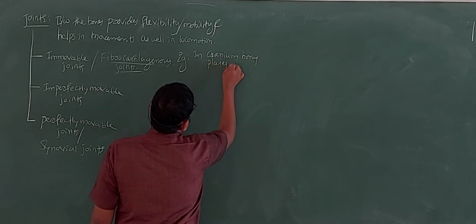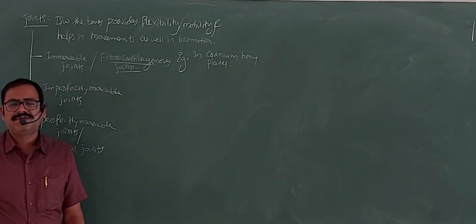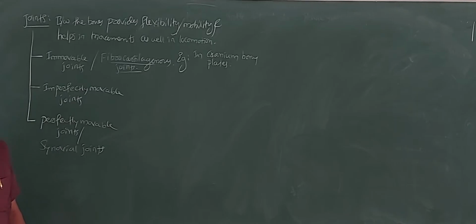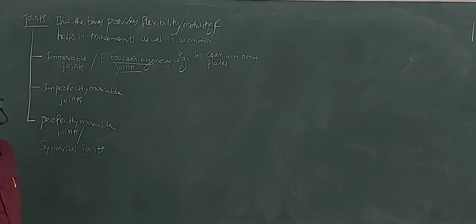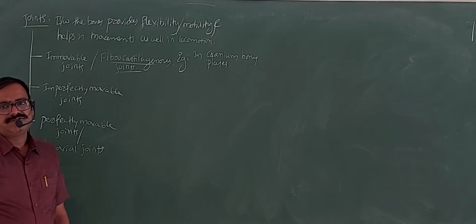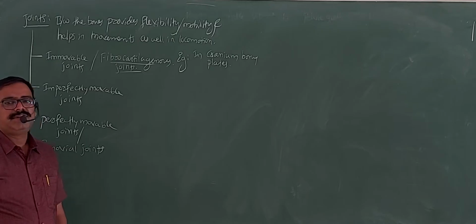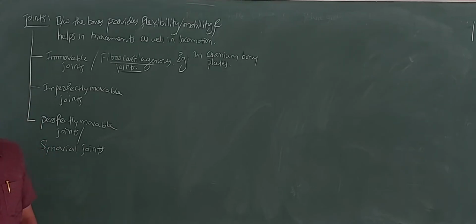We have studied that the cranium, the skull, is made up of the frontal bone, two parietal bones, one occipital bone, and two temporal bones. These bony plates are joined together, and that joint is called a suture, and these bony plates will never move throughout life. So it is called an immovable joint.